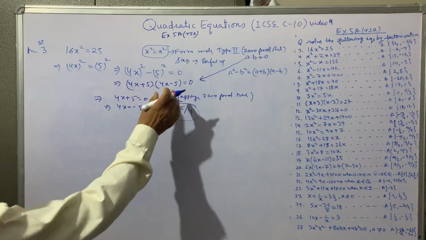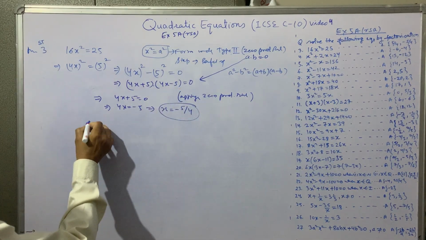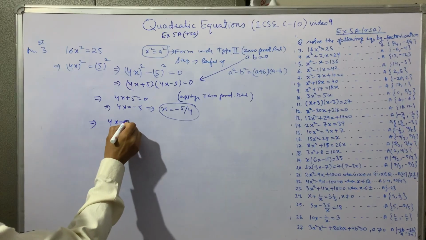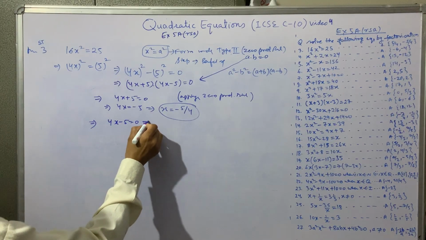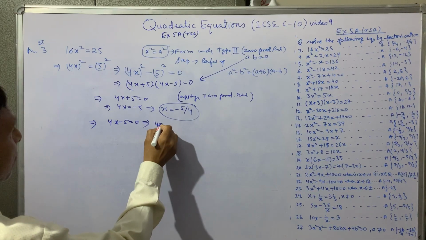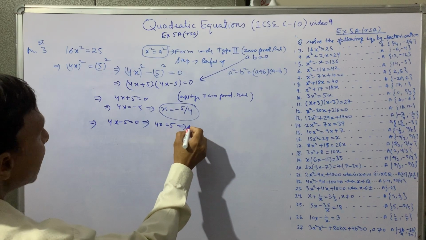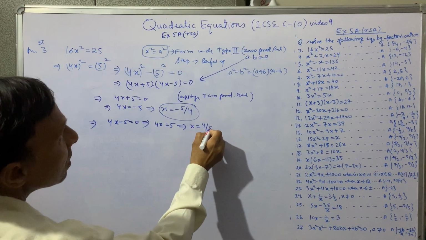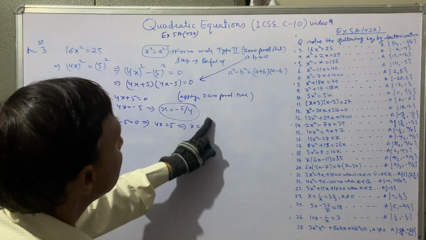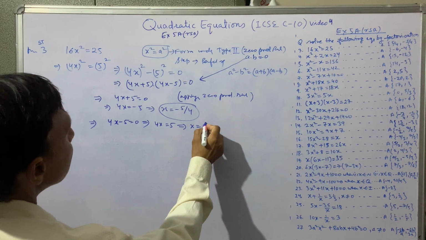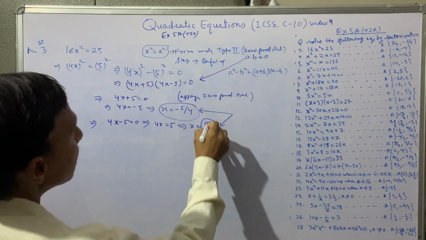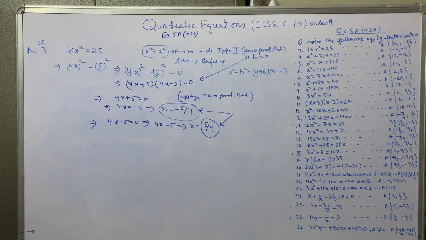Now again we take the other factor equal to 0, that gives 4x minus 5 is equal to 0. On shifting minus 5 towards the right we get 4x is equal to 5, that means x is equal to 5 upon 4. So we got both the values. We have solved this through factorization.